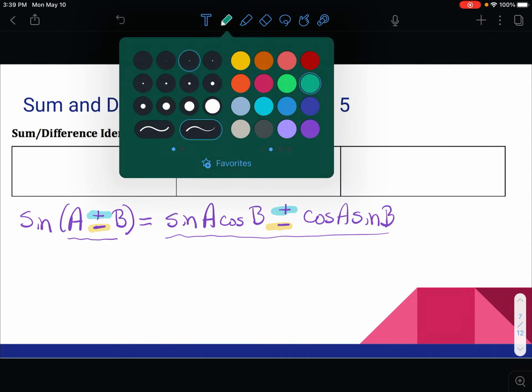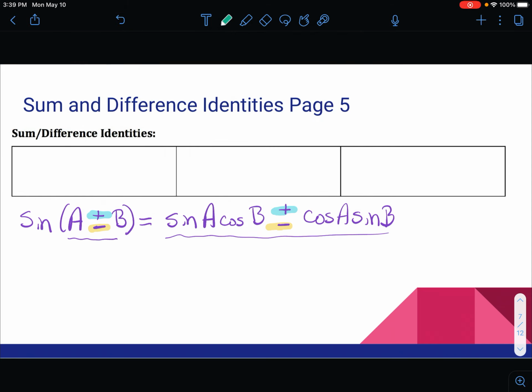Okay, let's take a look at the cosine. If I have the cosine of a sum or a difference of terms, we evaluate this by taking the cosine of the first term times the cosine of the second term.